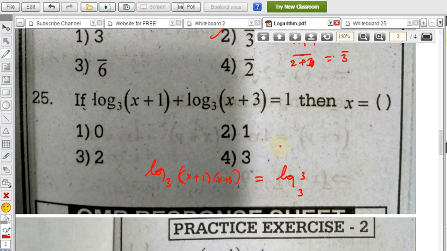Then you can factorize: x plus 1 into x plus 3 is equal to 3. If you factorize, x square plus 4x is equal to 0 will come. If you take x common, x into x plus 4 is equal to 0. So x is equal to 0 or minus 4. So 0 you can take.